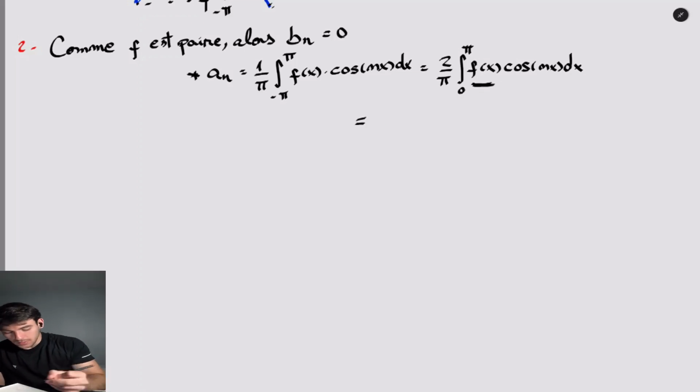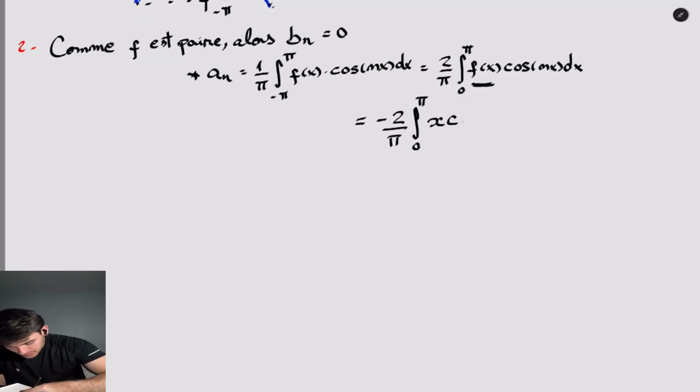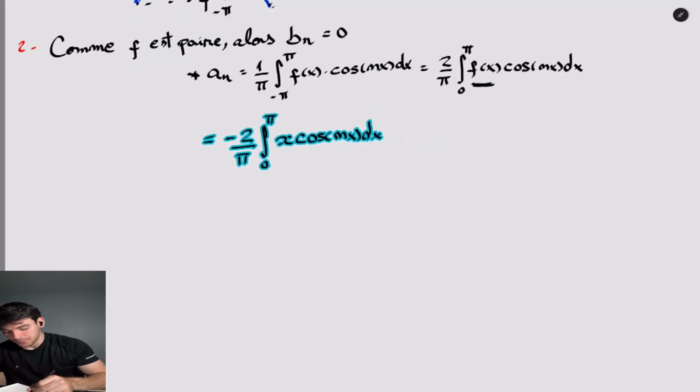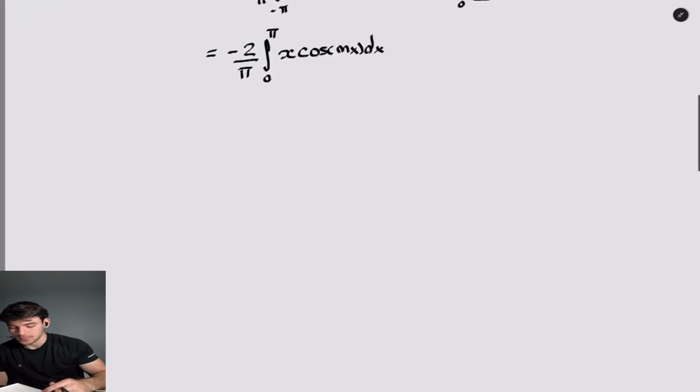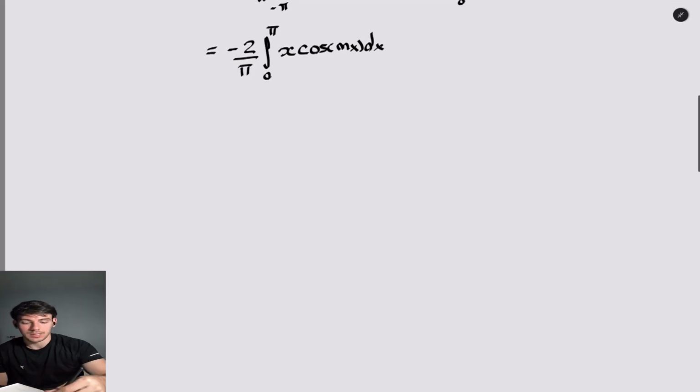So let's continue. I will take this minus out of the integral, so we'll have minus 2 divided by pi, integration between 0 and pi, of f of x, now just x, cosine of nx dx. So right now we'll have to do integration by parts. I will do it directly.